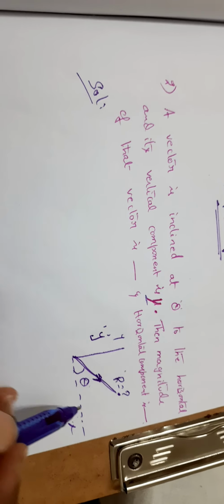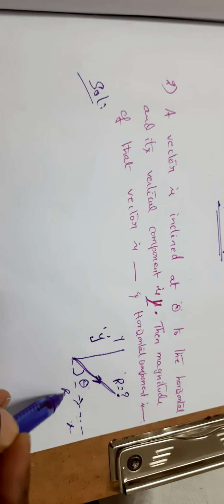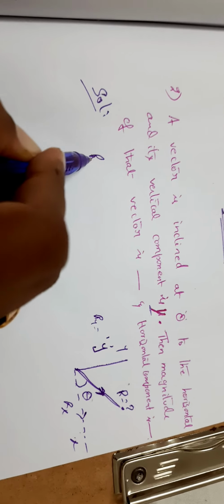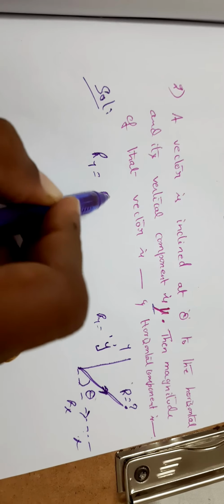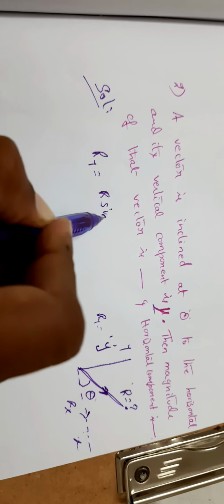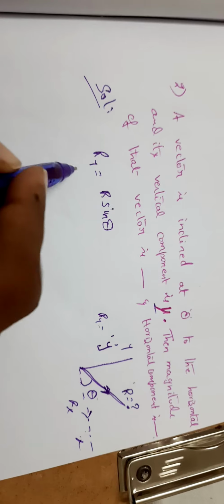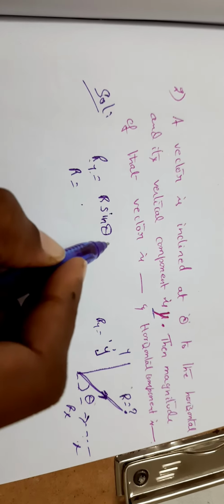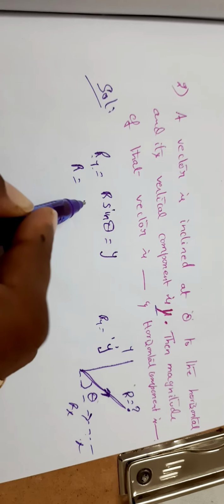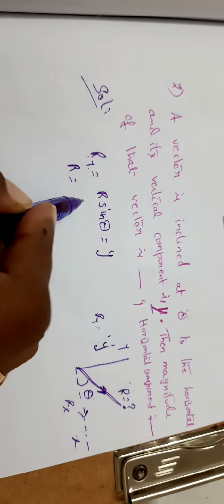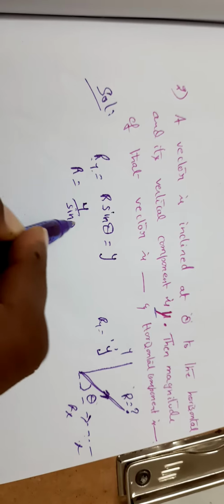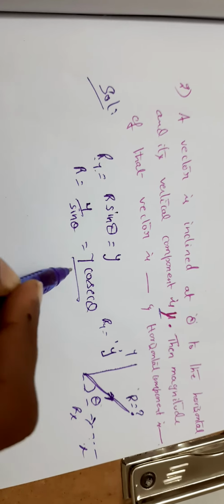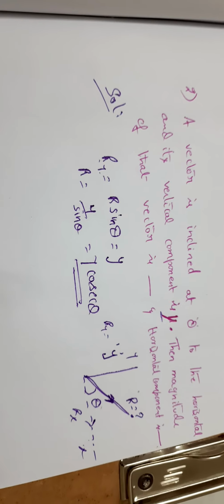Very simple. Now this is rx and this is ry. You know that ry is equal to r sine theta. So r is equal to ry by sine theta. What is ry? Ry is y. So r is equal to y by sine theta, which is y cosecant theta. Depending on how the options are given, you can write it down.